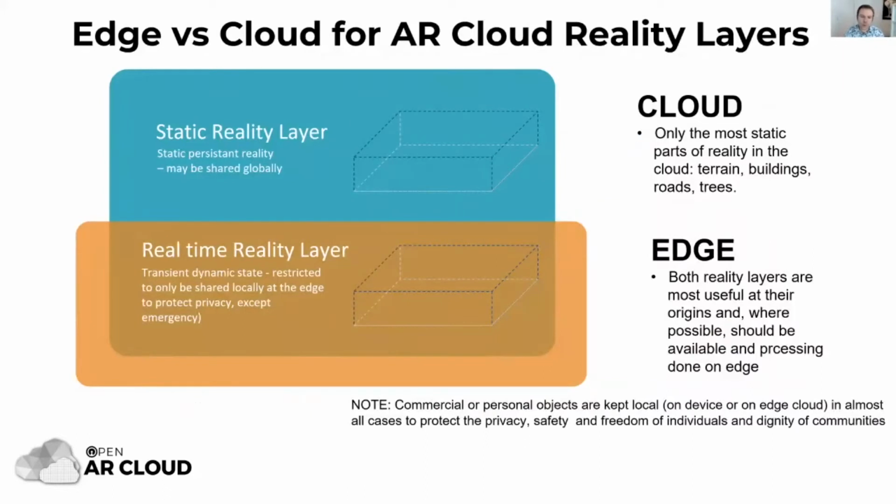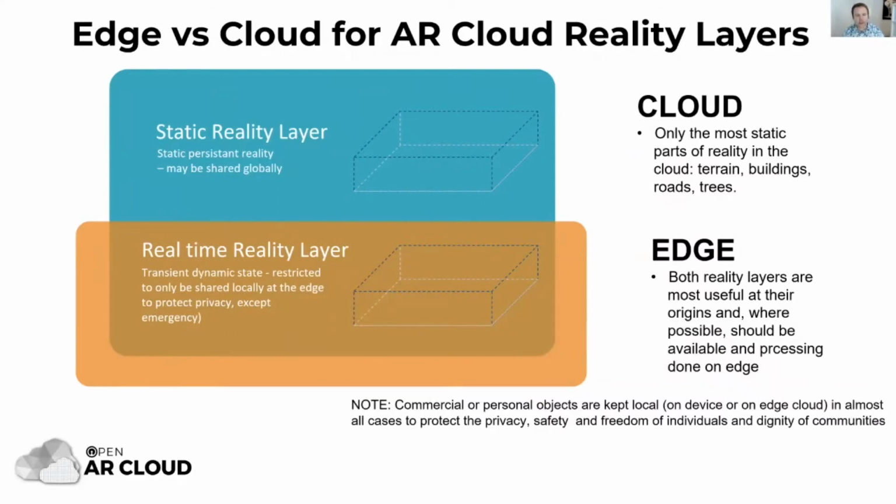And what that means for AR cloud is that you have the opportunity to split the representation of the physical world into two parts, where you have a static layer that is the terrain and the buildings and things that don't move, that you could put out in the big classic old school cloud.